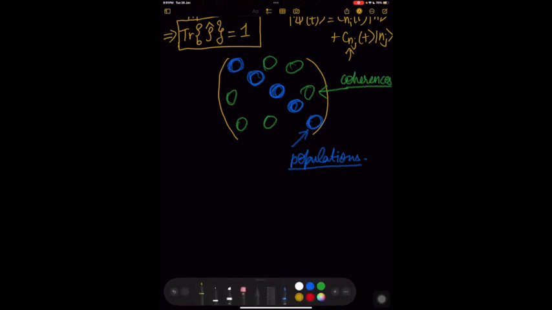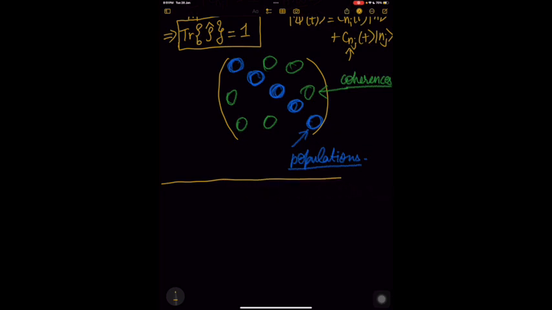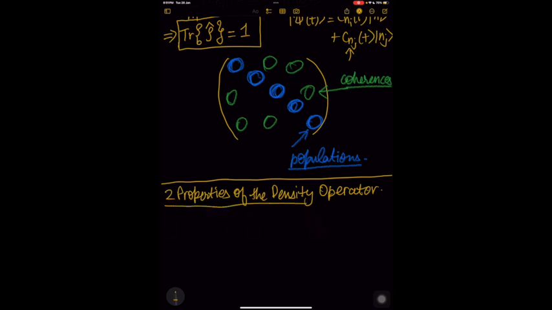So as of now, let us discuss two properties of the density operator. The third property will come once I explain the density operator of the mixed state. So as of now, let's just consider these two properties. Call it alpha, that the density operator is Hermitian.